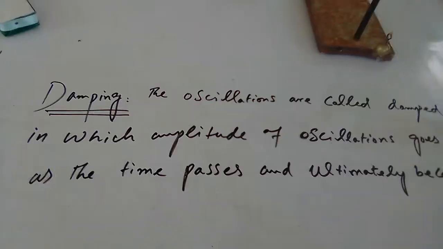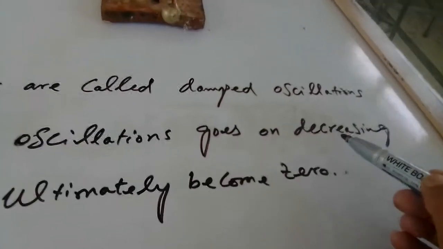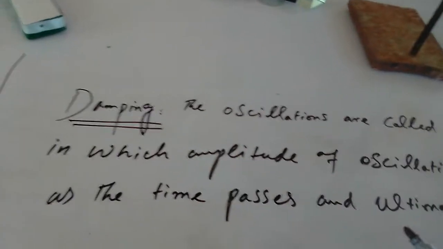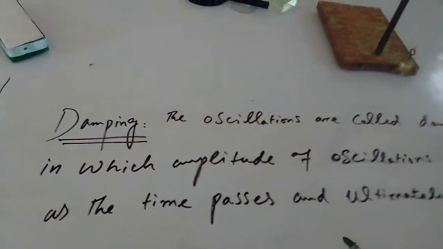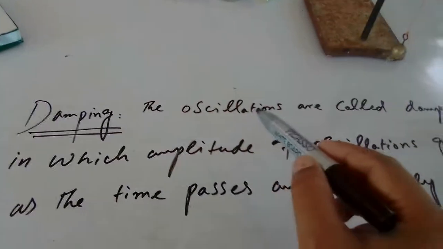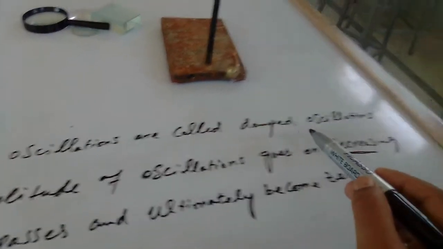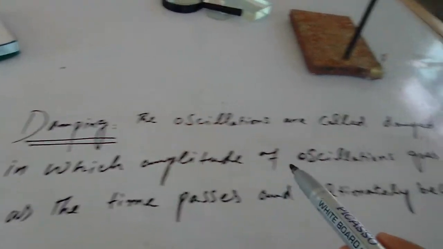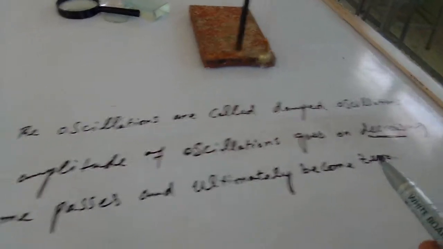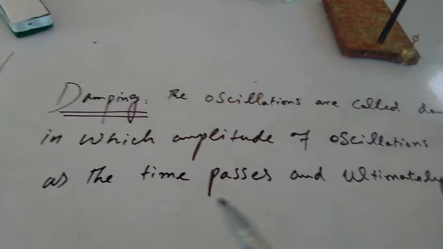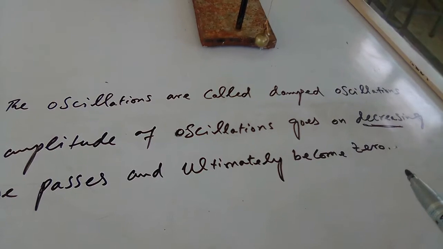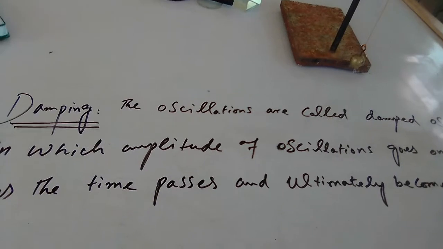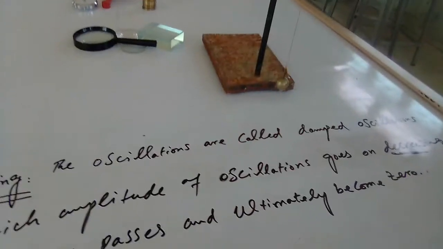The oscillations are called damped oscillations in which the amplitude of oscillation goes on decreasing as the time passes and ultimately becomes zero.